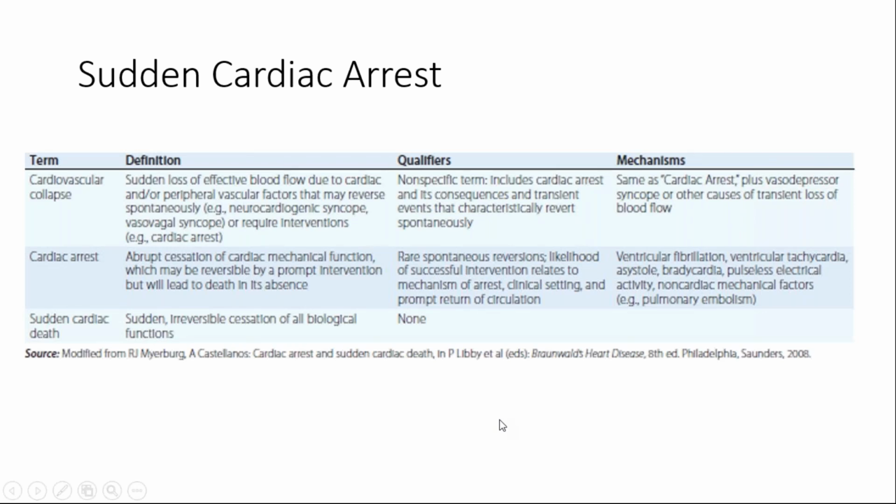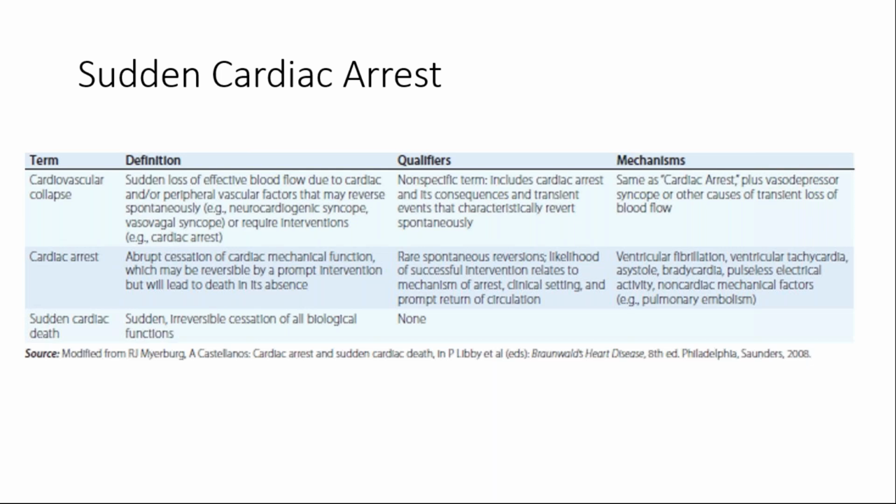Now coming to sudden cardiac arrest. Usually the patient presents to you with cardiovascular collapse or cardiac arrest. What is cardiovascular collapse? It is sudden loss of effective blood flow due to cardiac or peripheral vascular factors that may reverse spontaneously. If collapse does not reverse spontaneously, then the patient lands up in cardiac arrest.